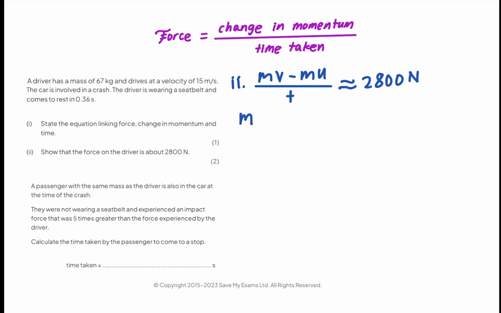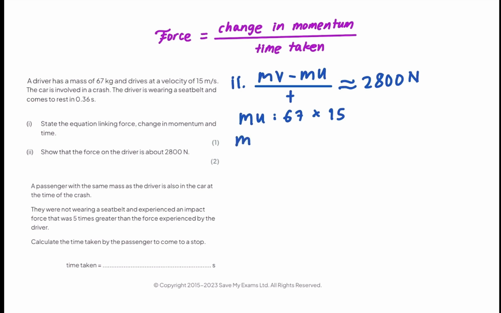So mu would equal 67, which is the driver's mass, times 15. The question states that the driver drives at a velocity of 15 meters per second before coming to a crash. So that would be the initial velocity that the driver is traveling at.